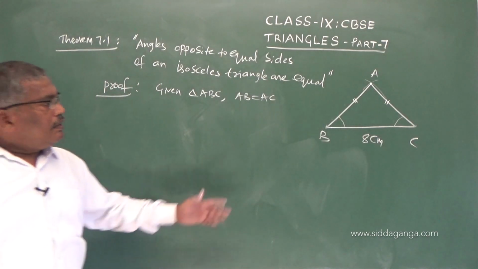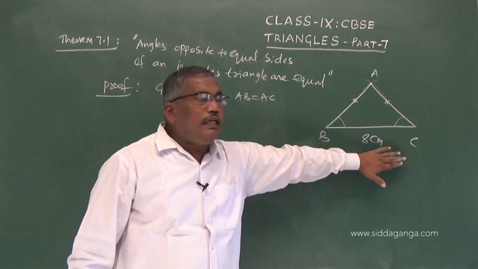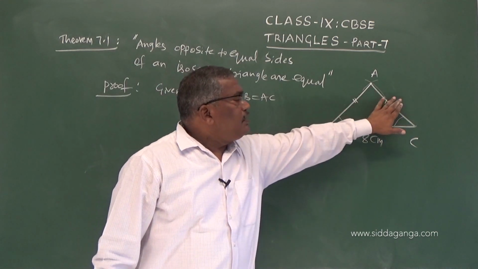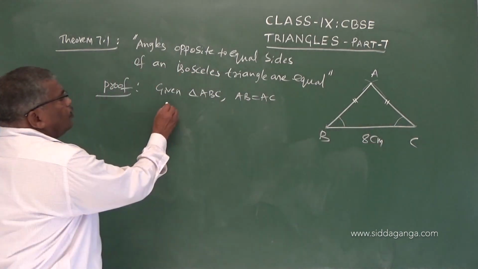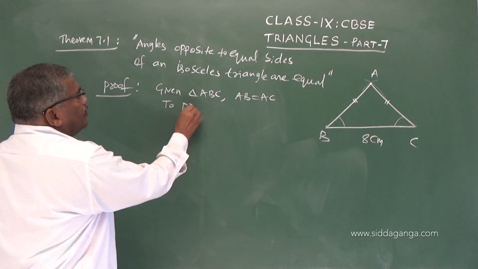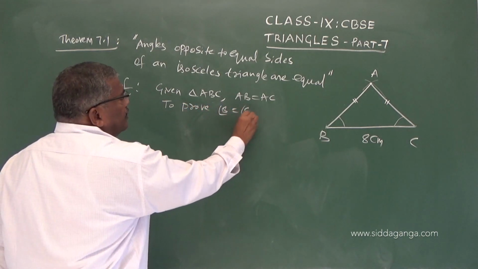BC may be of any length, that does not matter. If AB is equal to AC, then we have to prove that angle B is equal to angle C.